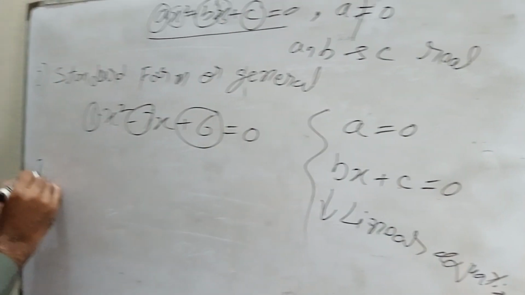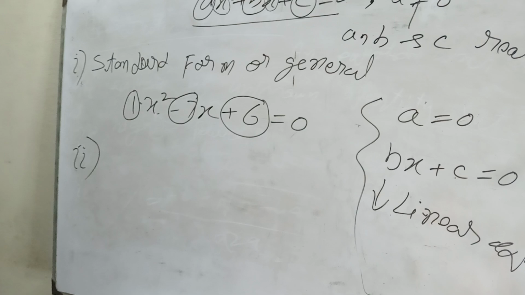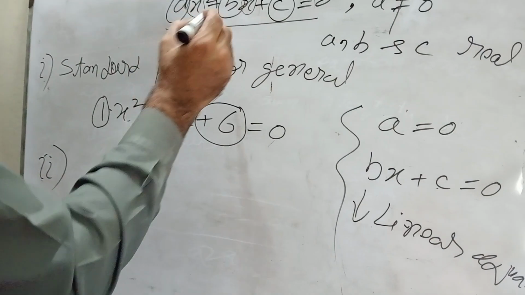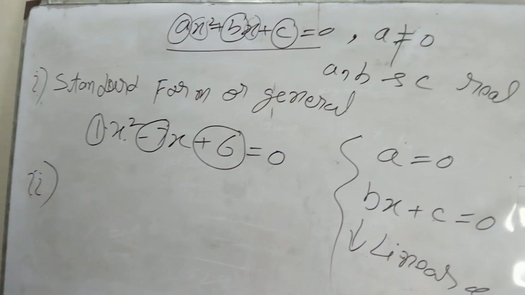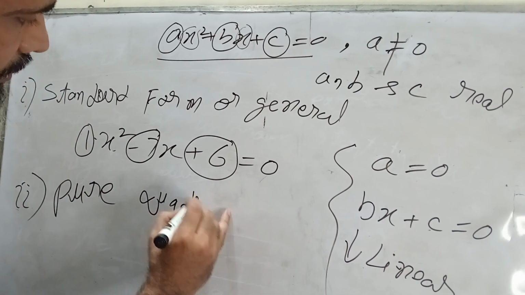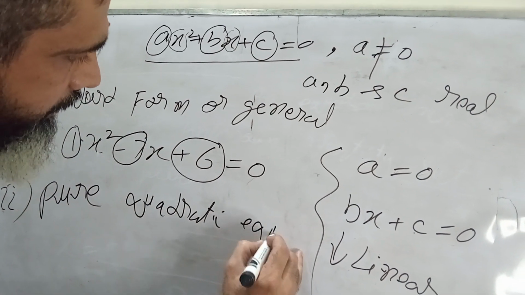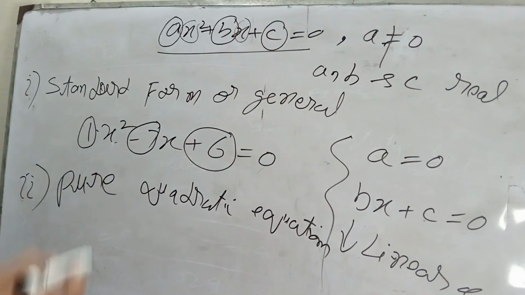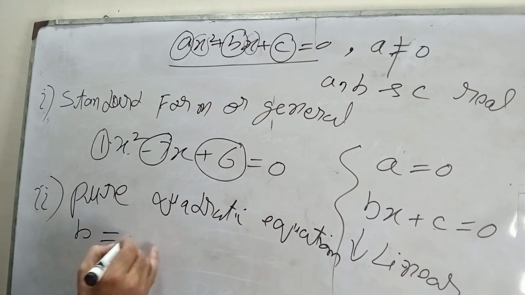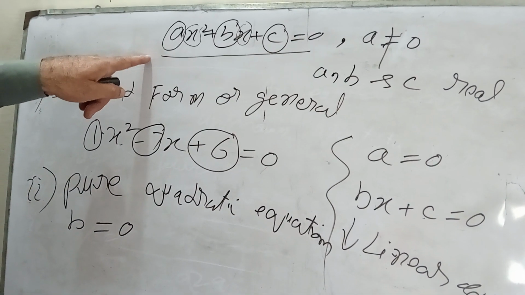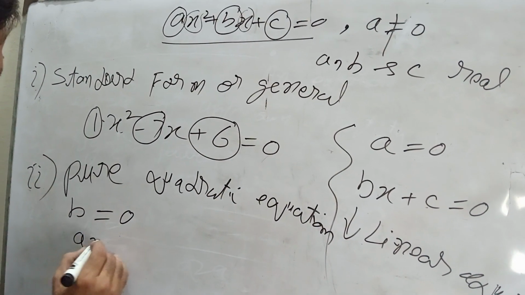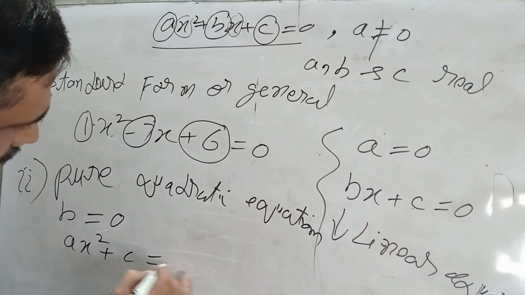And the second form is the pure quadratic equation. What is the pure quadratic equation? In the same equation, if b is equal to 0, then the equation becomes ax square plus c is equal to 0.